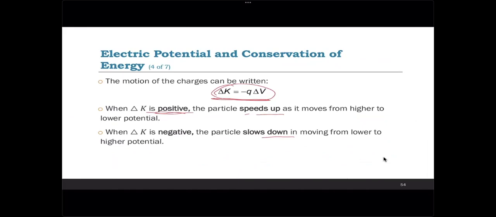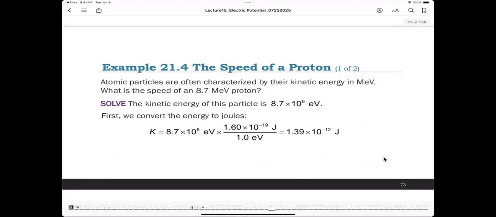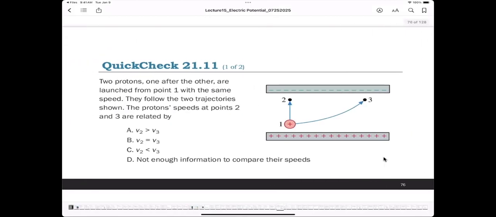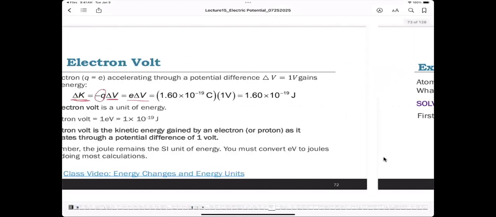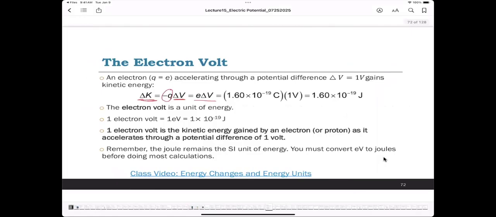So I think there is a mistake in this equation. Here is negative q delta V, but this q should be equal to negative e, which means there is a negative e and there is also a negative, so it will be no negative.